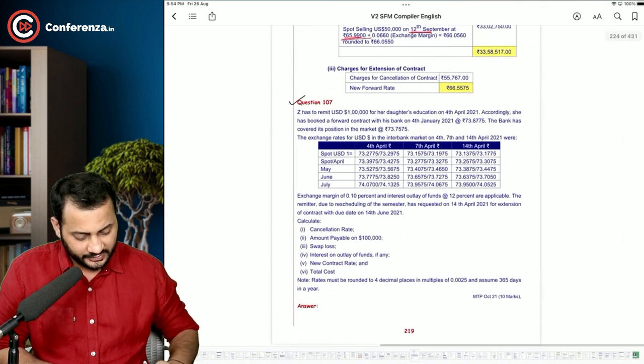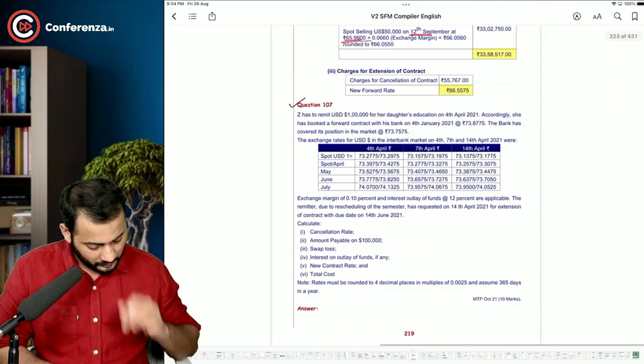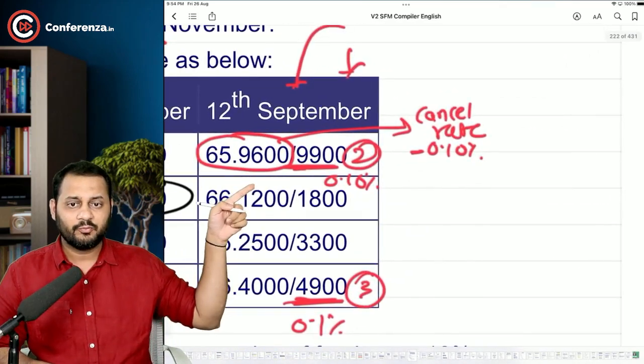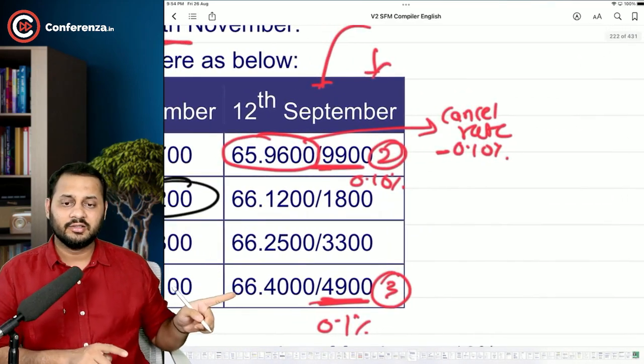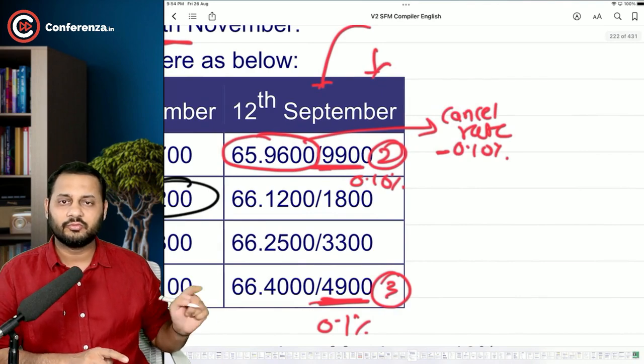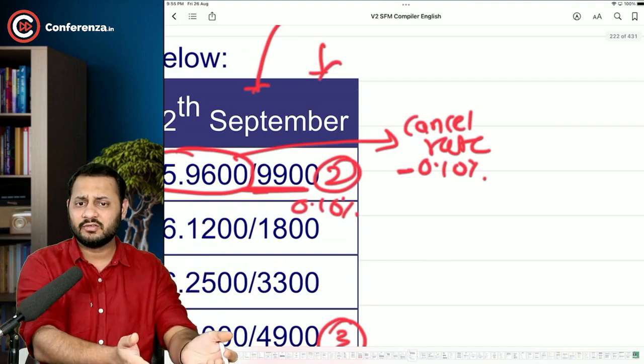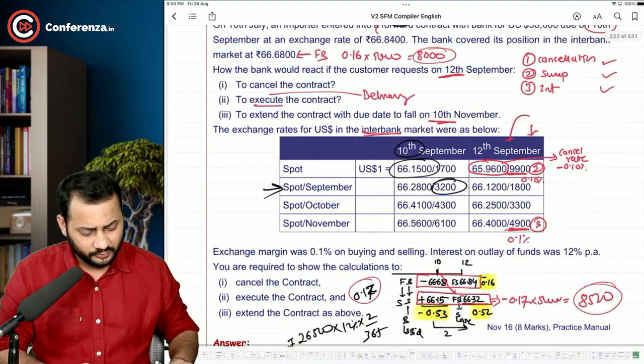Let me just check once again. See, I told you 65.99 is the ask rate, and the new rate will be 66.49 later on. So 65.99, at this rate he can buy today itself. Add margin 0.10%.